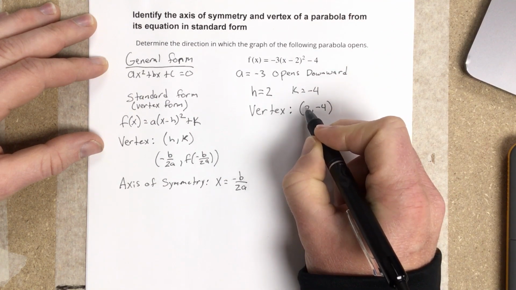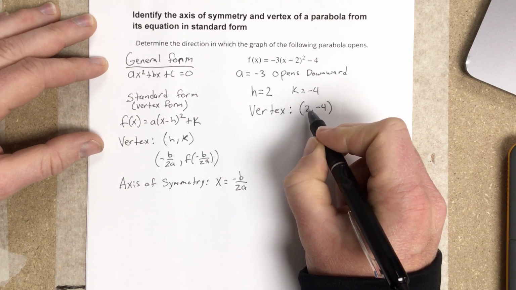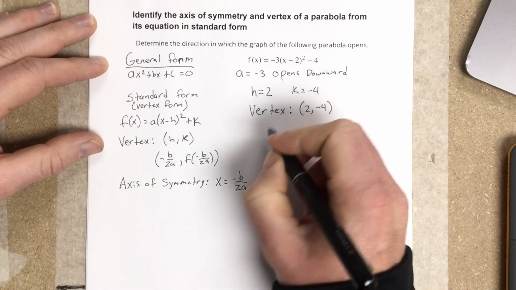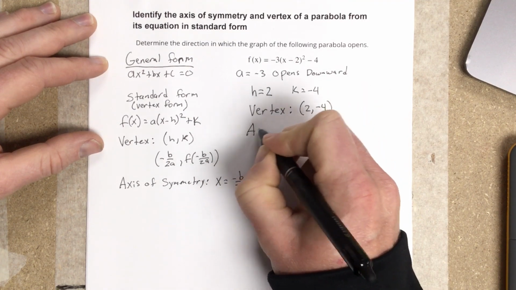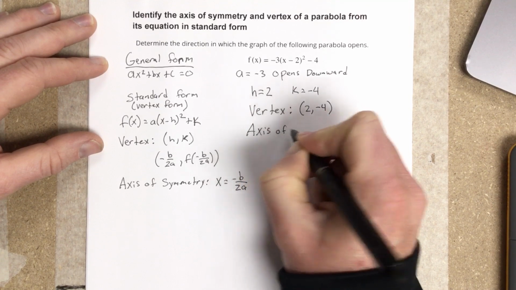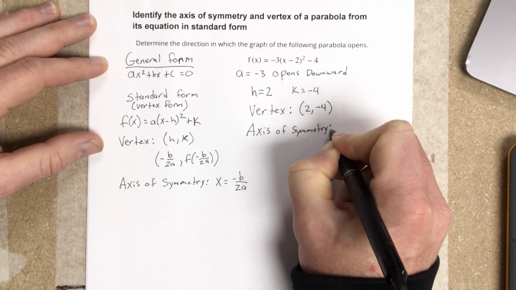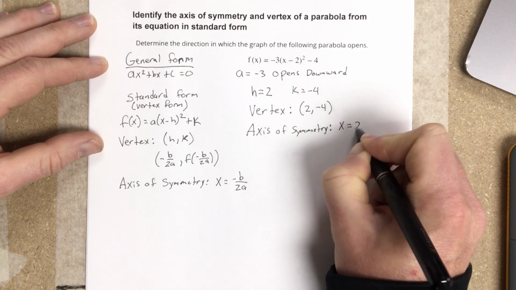Now because I know the axis of symmetry is the same as the x value for the vertex, I can say that my axis of symmetry is x equals 2.